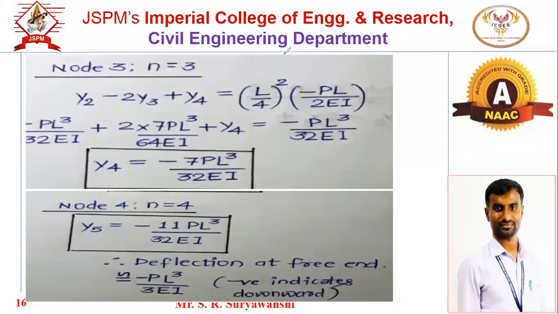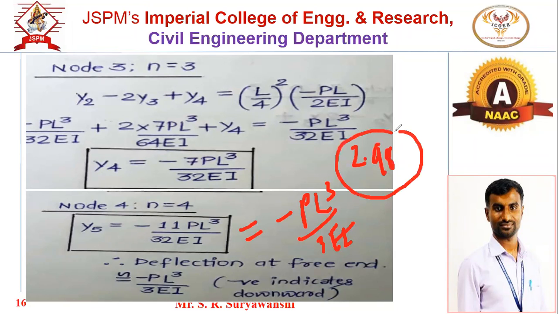Now, what is the standard formula we are having? The formula is minus PL cube by 3 EI. And here what we are getting is 32 by 11, so almost it is, I think, 2.98 something. So we are getting PL cube by 2.98 EI. So that's why this method is an approximate method.